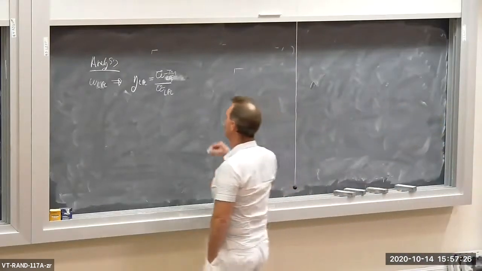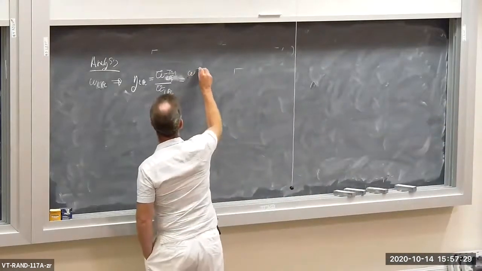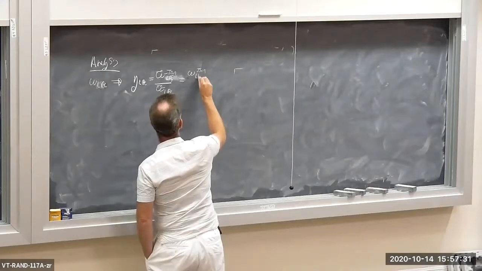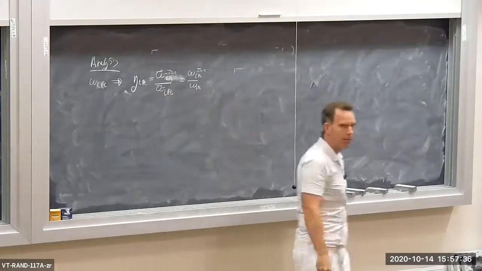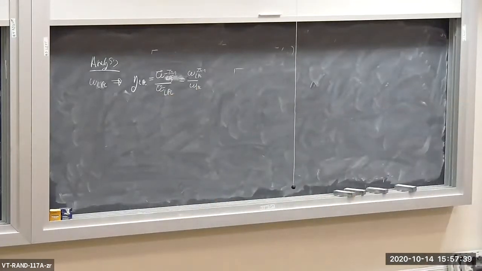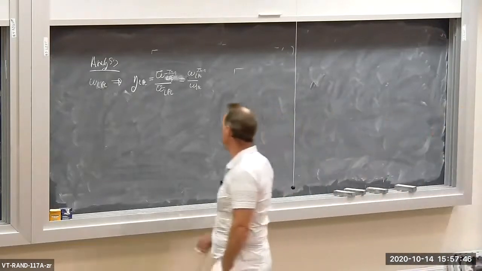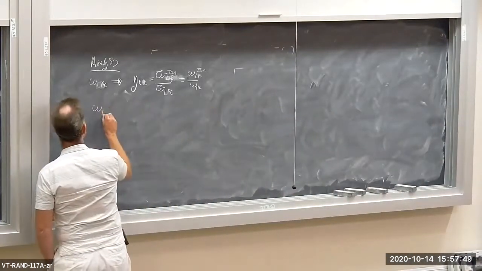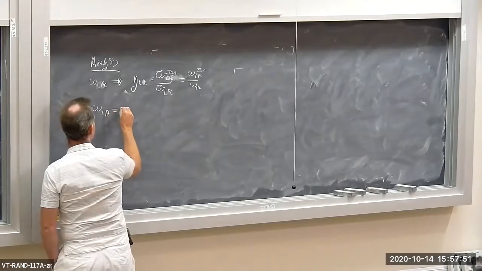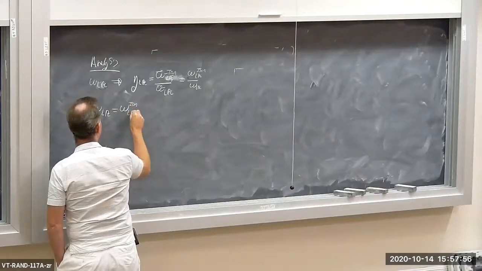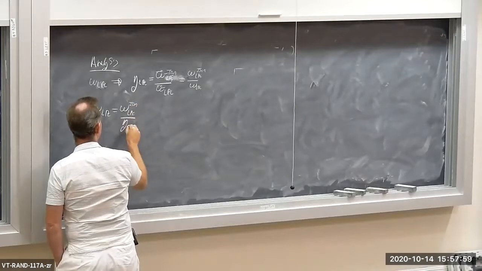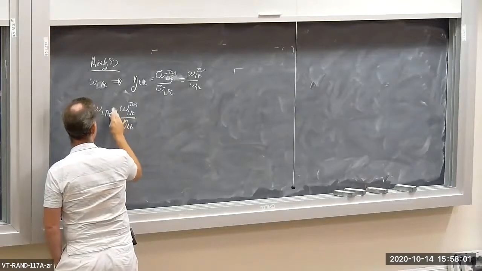Of course, I can write this in terms of specific work: W_isen,LPC over W_LPC, because the mass flow rates are the same in the isentropic and the irreversible non-isentropic LPC. So W_LPC is equal to W for the isentropic LPC divided by the efficiency of the low pressure compressor.